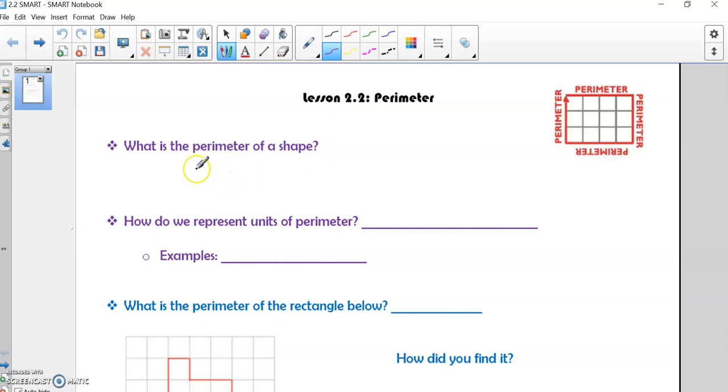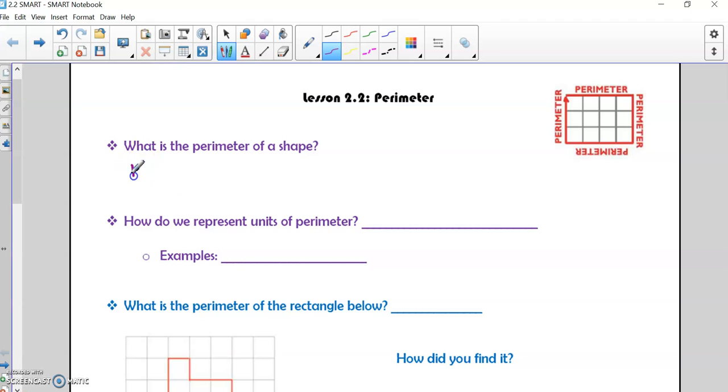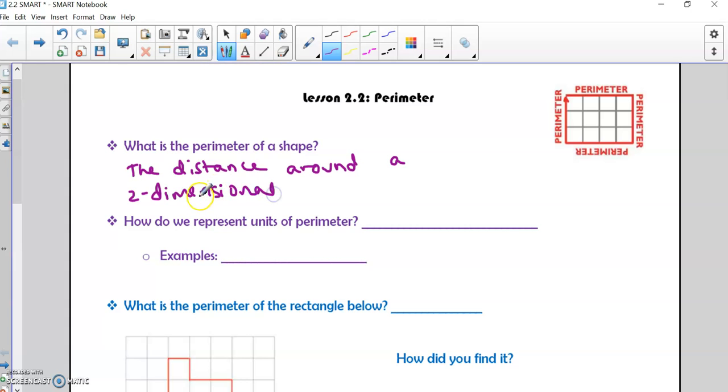Okay, a perimeter is basically the distance around a two-dimensional shape. All right. The distance around a two-dimensional shape.